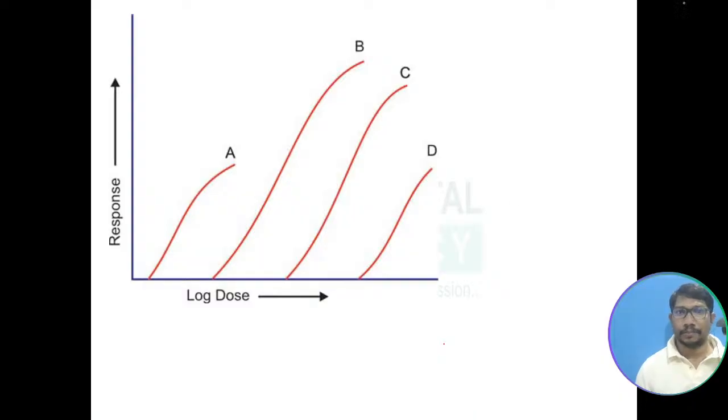You can see over here, here is the example: drug A, drug B, drug C, and drug D. Suppose drug B is a full agonist.